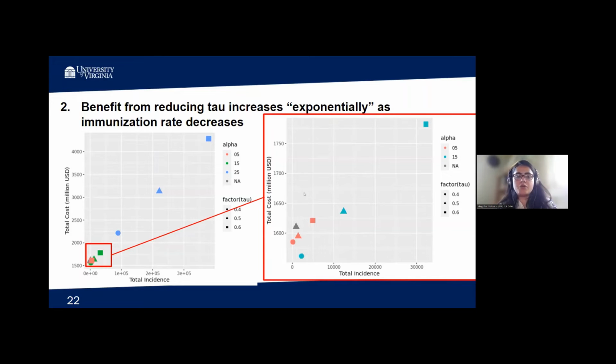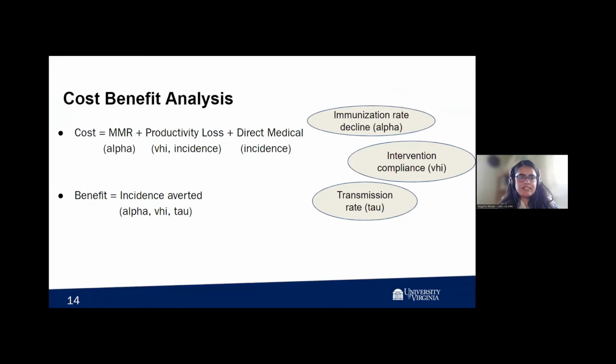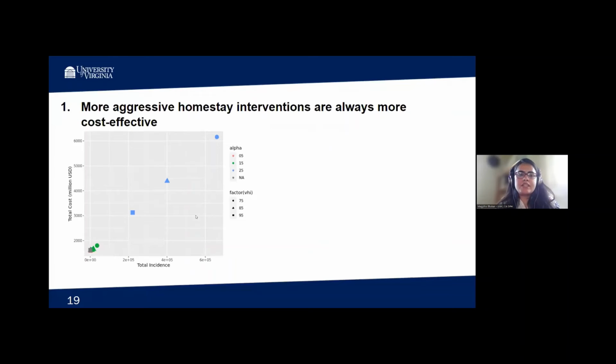In lower immunization rates, the effect of tau really shows, and that's because tau is impacting threefold. If I go back to this model, we can see that tau is affecting incidence, and then tau, through incidence, affects 2 components of the cost.